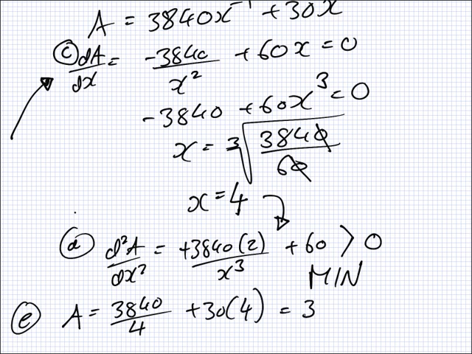So that is 3840 divided by 4. That does divide by 4, doesn't it? So 960 plus 480. What's that? 1,440? Nice.